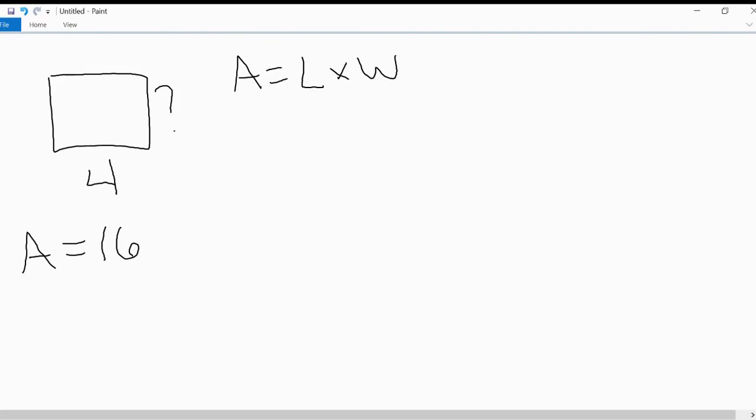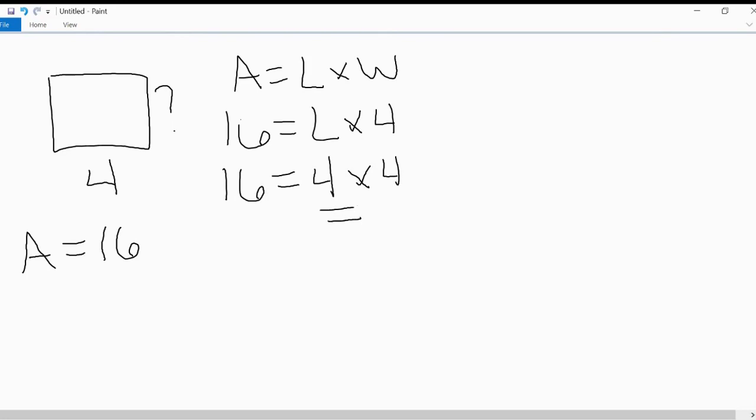In our case, we know that 16 equals length times 4. Now, using our multiplication facts, we know that 16 equals what? 4 times 4. So now we know that our length is 4.